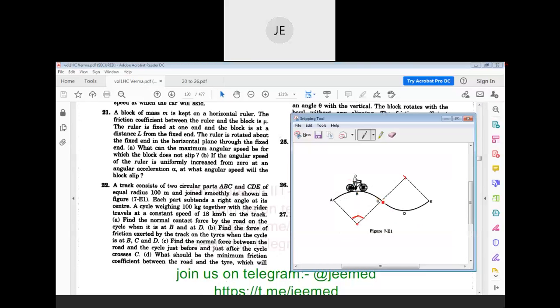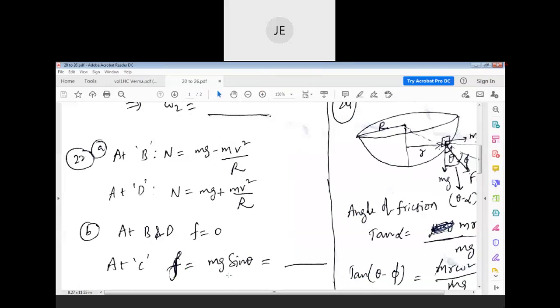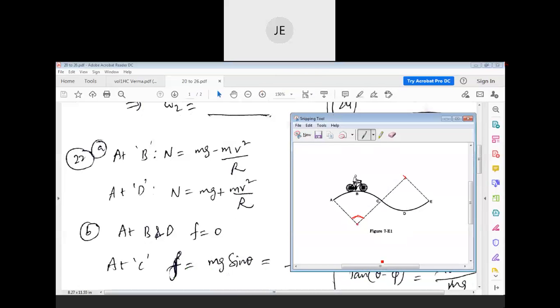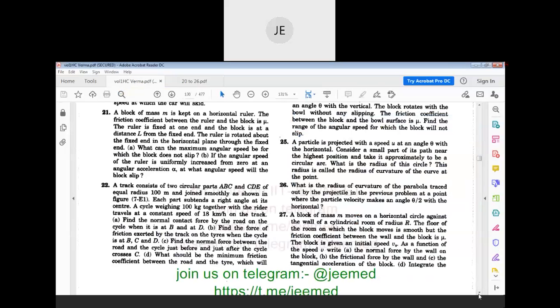So here the weight will make an angle of 45 degrees at point C. So use that theta as 45, then you will get the answer, 707 newtons.